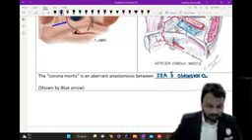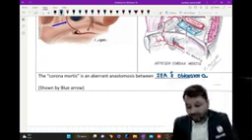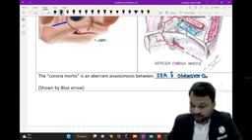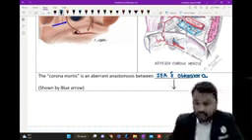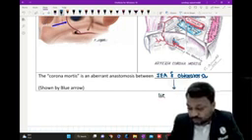That is what you have to remember. We call it corona mortis because this abnormal connection lies very close to the pubic tubercle.